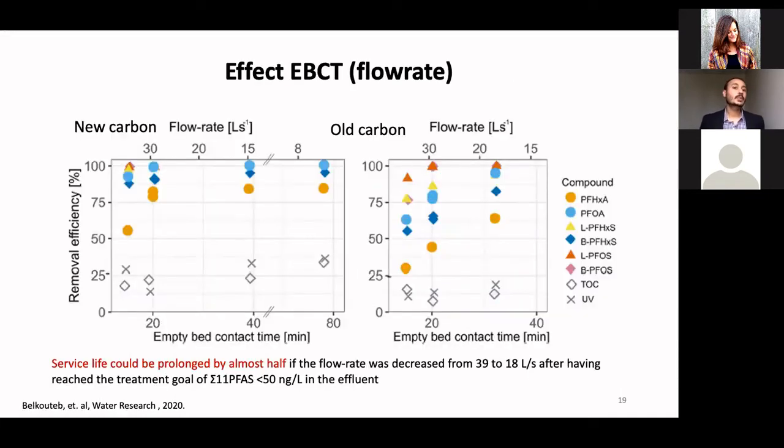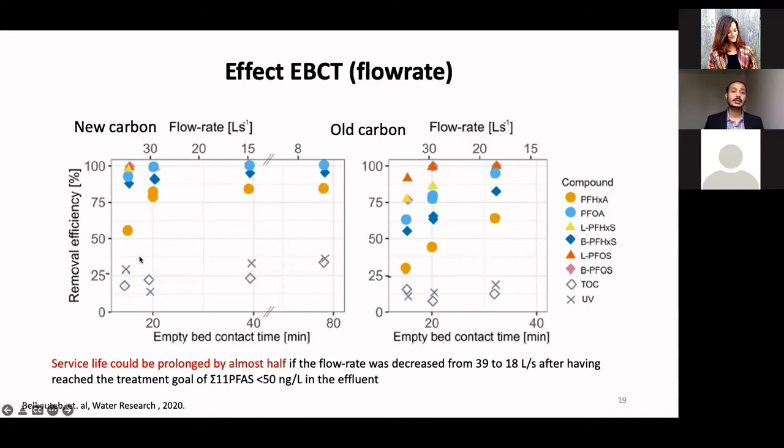This study also evaluated the effect of empty bed contact time, or essentially the flow rate, on the performance of GAC filters in treatment of various PFAS. The left figure represents the removal efficiency for a new carbon filter, and the right figure represents the removal efficiency as a function of empty bed contact time for the old carbon filter.